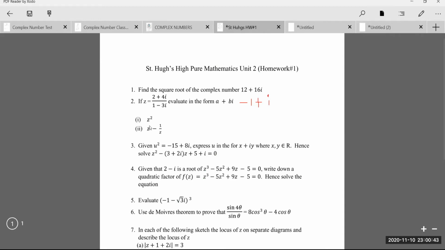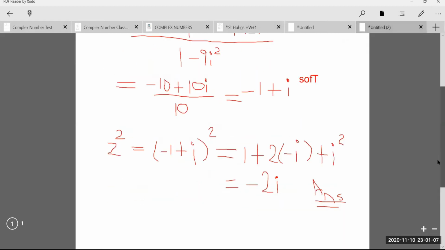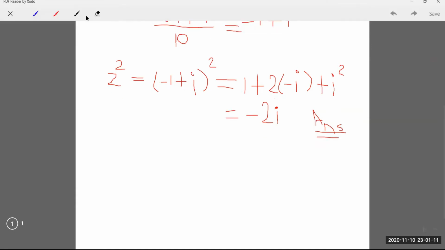So for z minus 1 over z, we'll put z in this form: minus 1 plus i, minus 1 over minus 1 plus i. So let's do that. Let's do this one in blue.